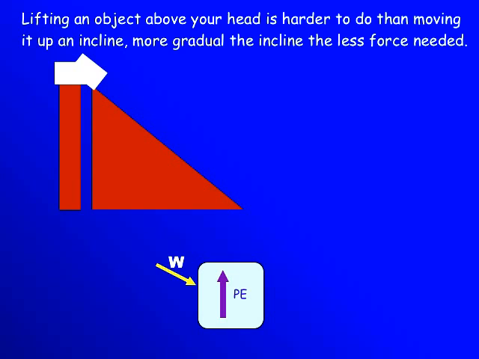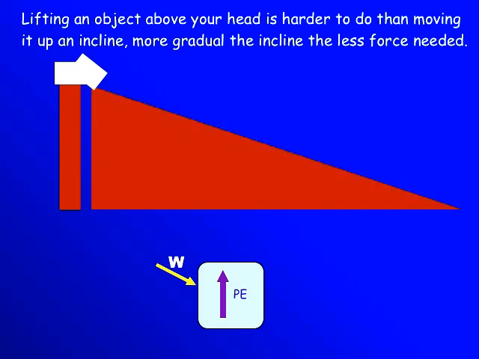So both boxes got lifted to the same height from the same starting position, the same Y initial to the same Y final. If the boxes weigh the same, the value of mgy is the same. So the same work is involved.